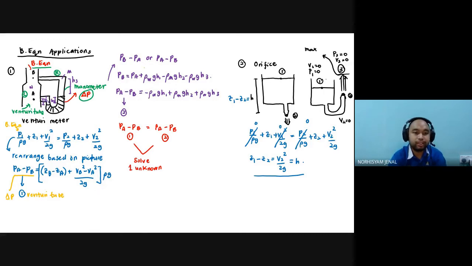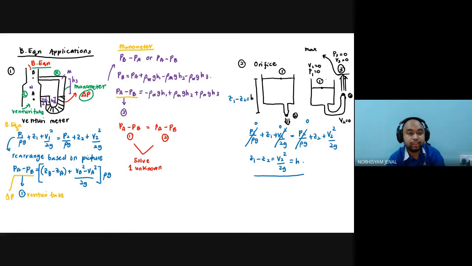The second part is the manometer. You do the same thing: find the pressure difference, for example PA minus PB. Try to rearrange your equation for the manometer so that it solves for PA minus PB.